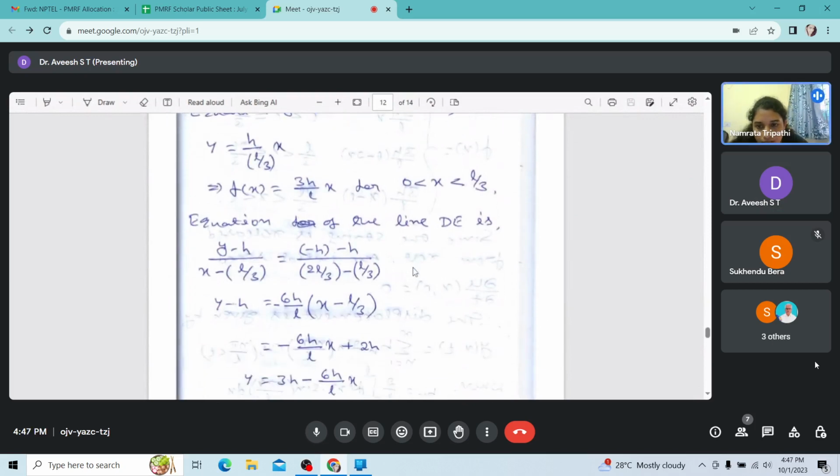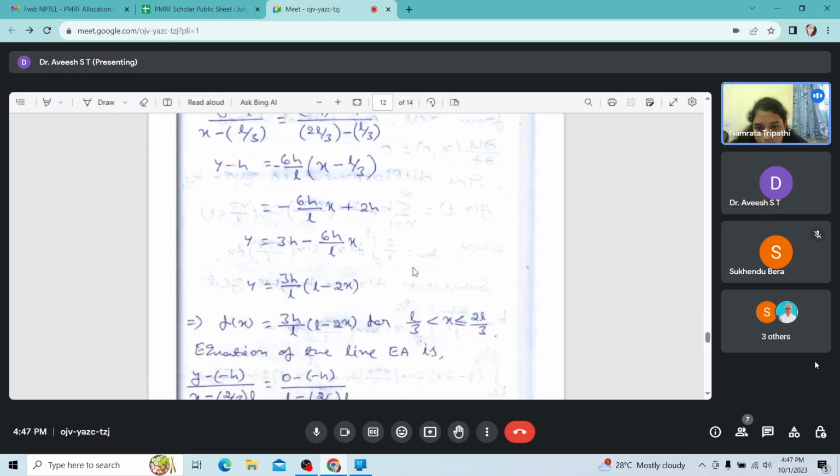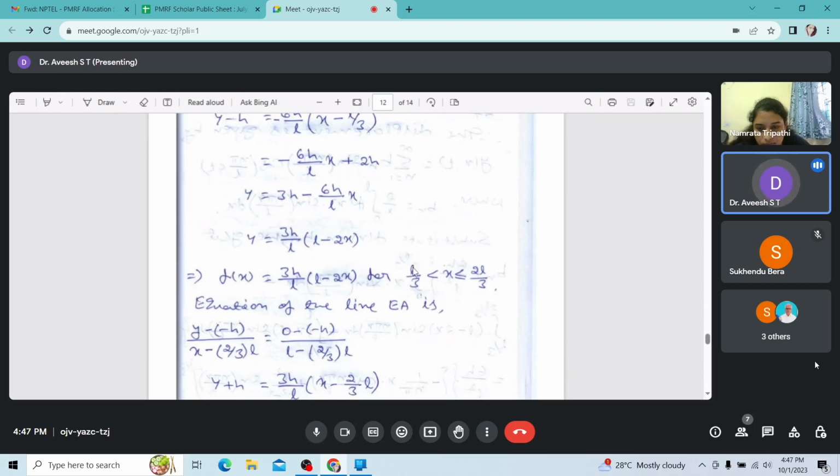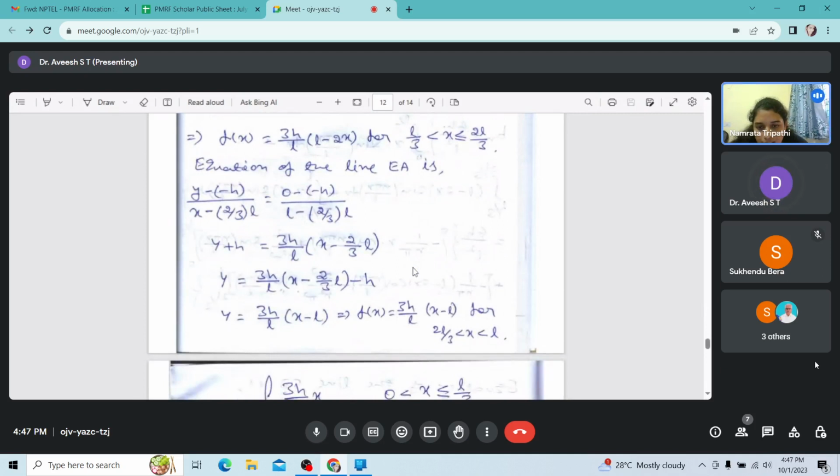For the equation of the line we are using the slope, which is h upon L by 3. After this slope, you can get the expression of f(x). Again, we consider the line EA and the equation of the line EA.